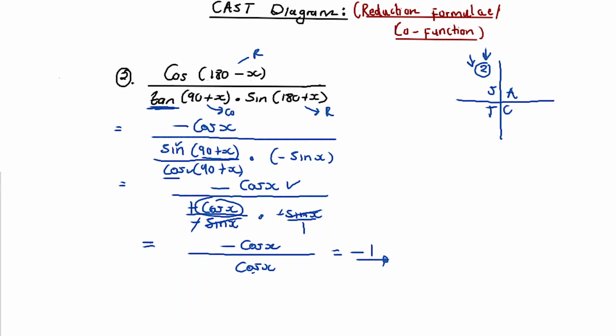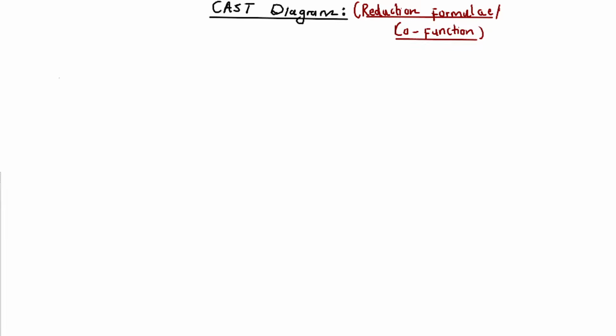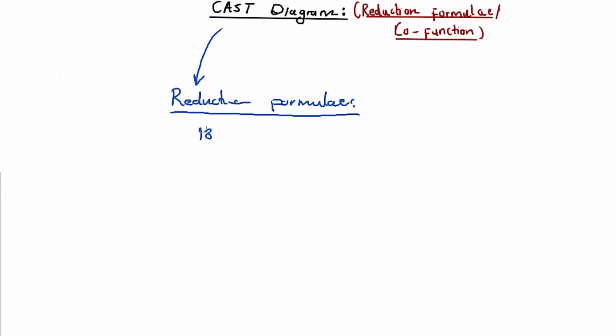Before I wrap up this lesson, I want to create just a quick summary. All right. So we learned about the CAST diagram. We spoke about the reduction formulae. So how many reduction formulas do we have? It's this, which is in the second quad.